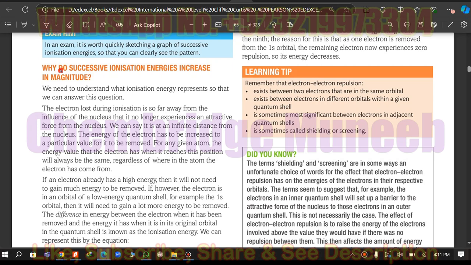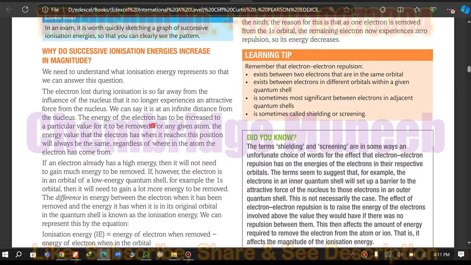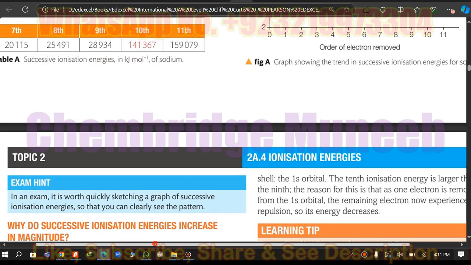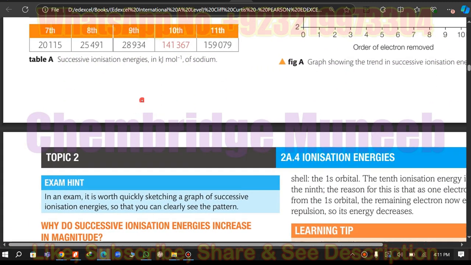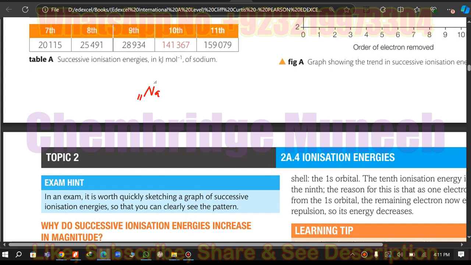So why do the ionization energies increase in magnitude? Why are their values getting higher and higher as we keep removing the electrons? Basically, when we remove some of the electrons, the positive charge on the atom keeps increasing. Let's suppose we have sodium with atomic number 11.